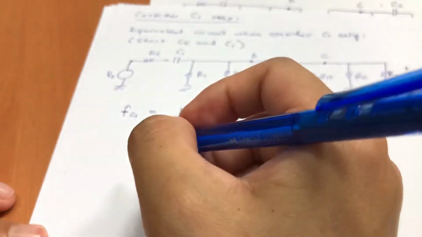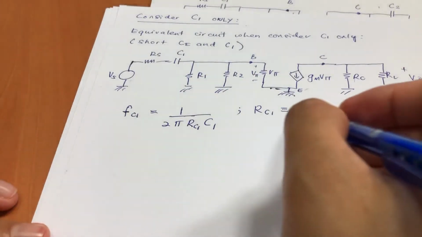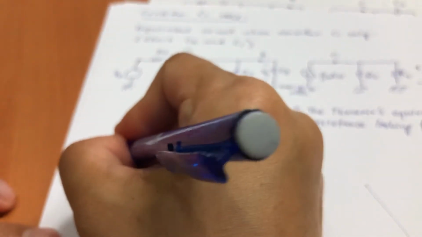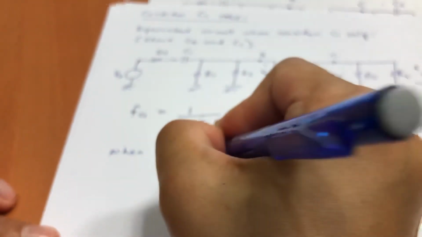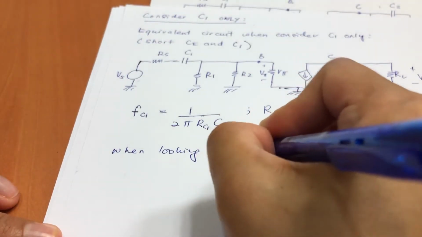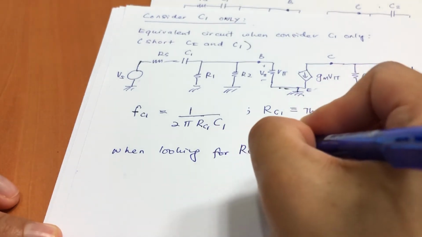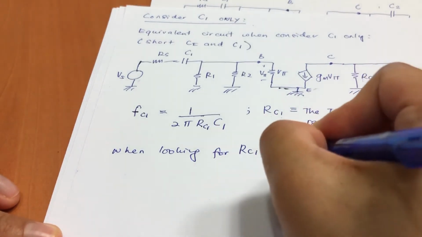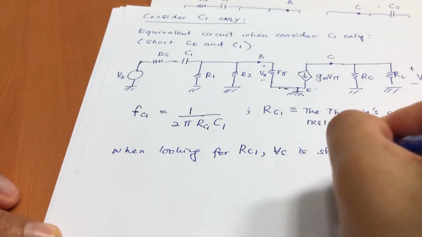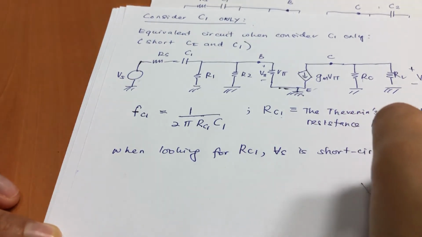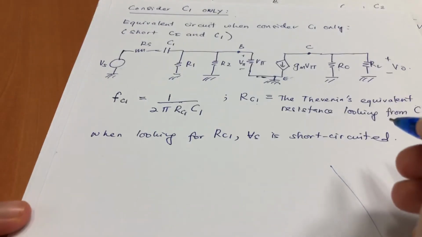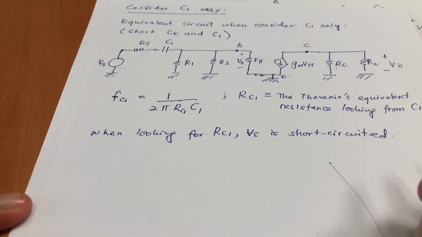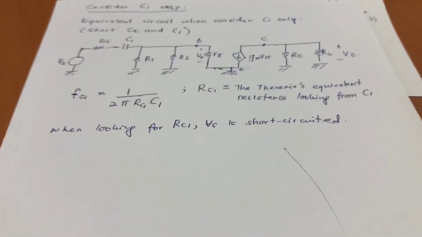When looking for RC1, what you do with VS is short circuit it.